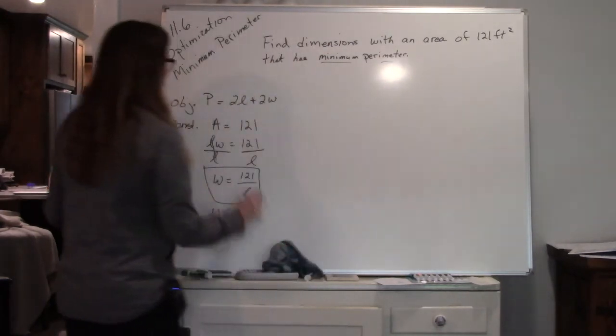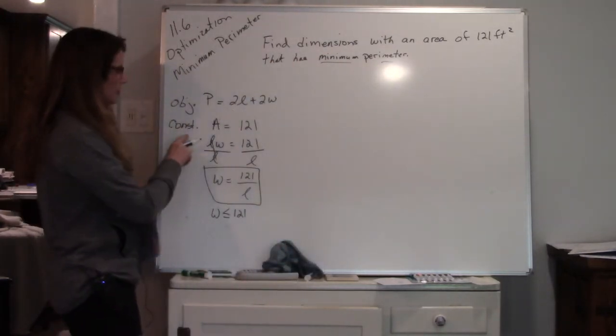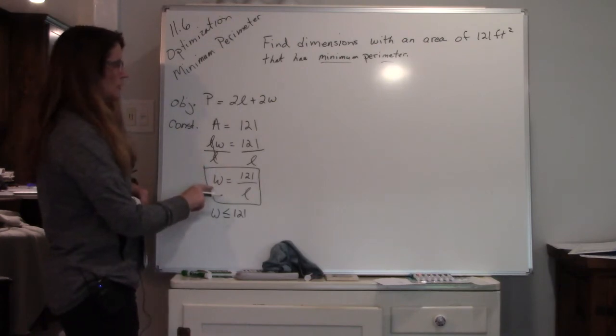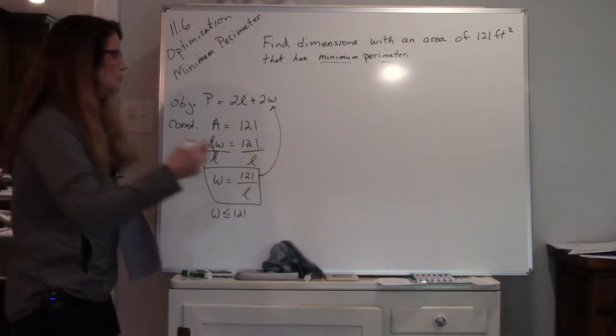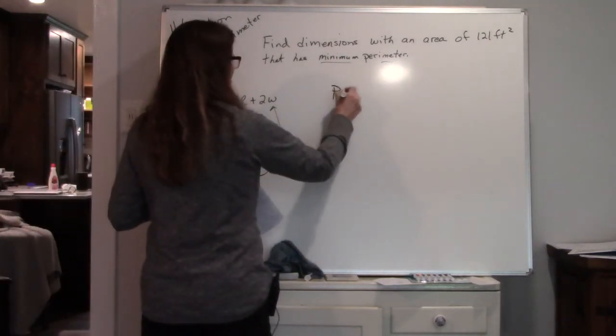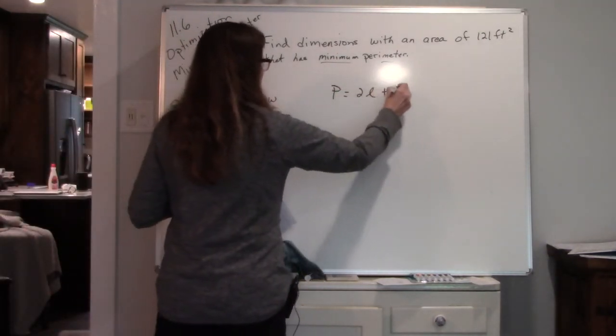All right, so we have our objective. Our objective is our minimum perimeter. We have our constraint. We've set our constraint to one variable, and now we're going to plug our constraint into our objective. So our perimeter equals 2 length.